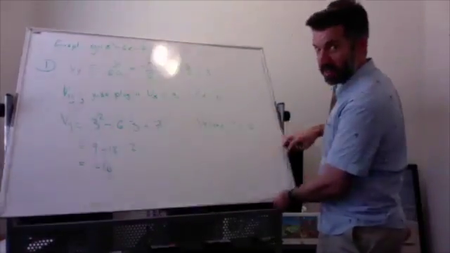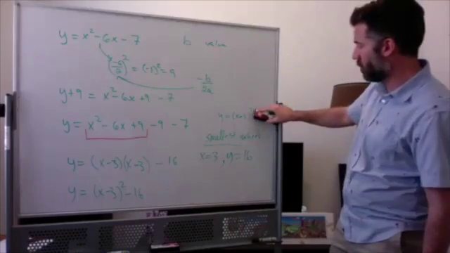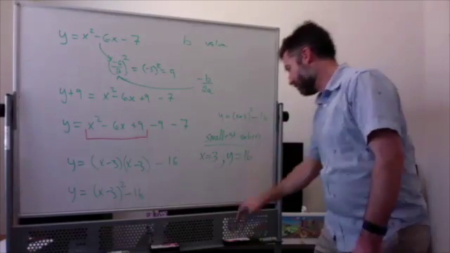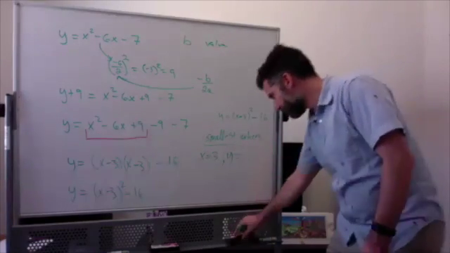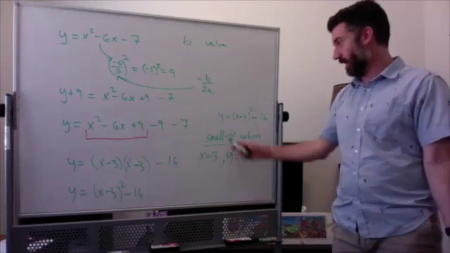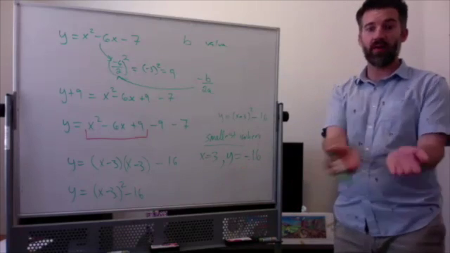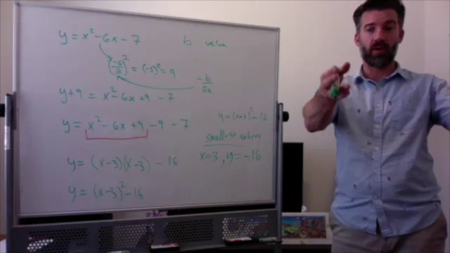My vertex really is supposed to be 3, negative 16, which it would be if I had had the sign right here. Apologies. So this thing is the smallest when x is 3 and y is negative 16. And any other value of x is going to make it get larger, larger, and larger.